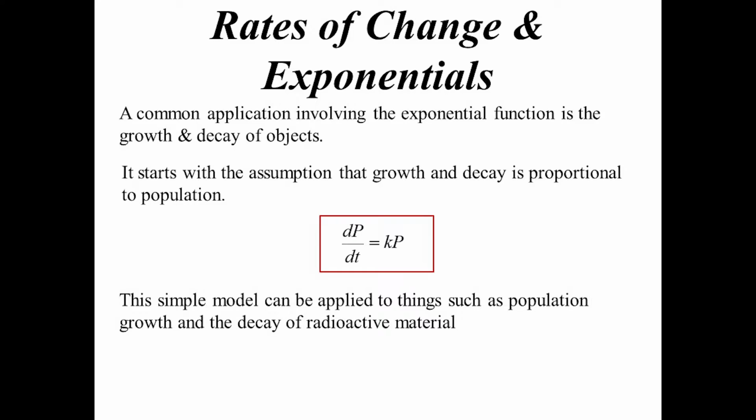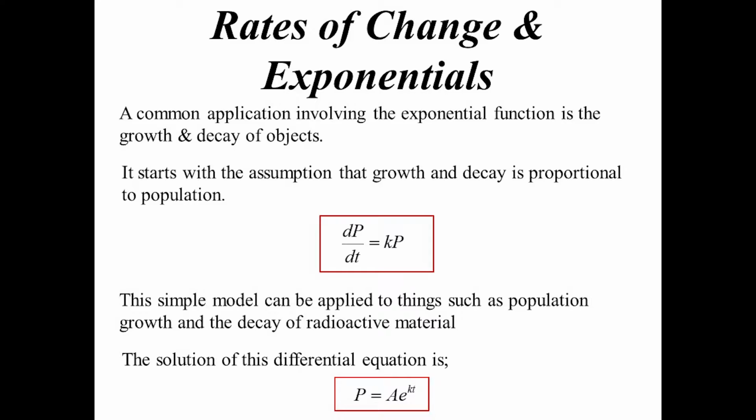So it's a simple model, and the solution to that differential equation, which is just basically a name for an equation that involves a derivative, is that. There we go. So P would end up equaling some constant times an exponential function. So e to the power of kt. T would represent time. K again is just some constant.